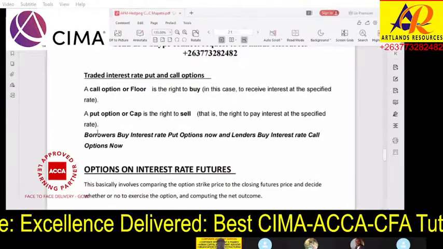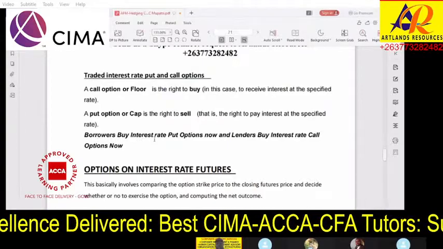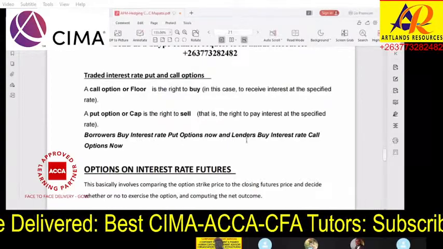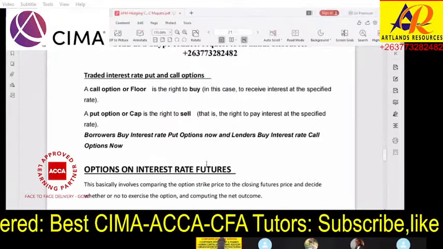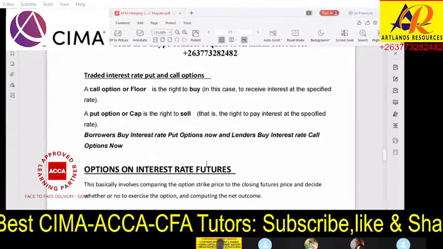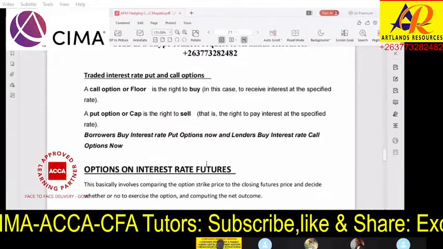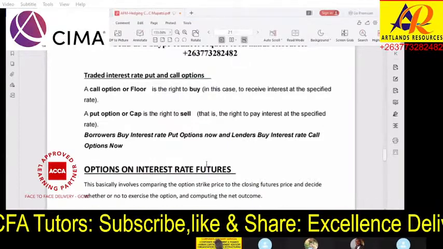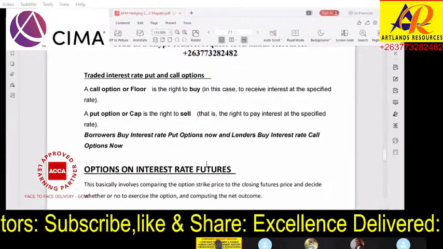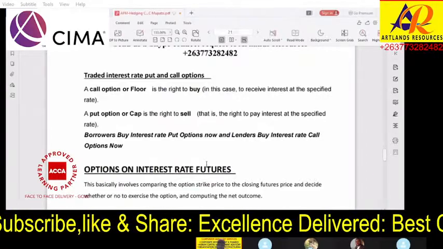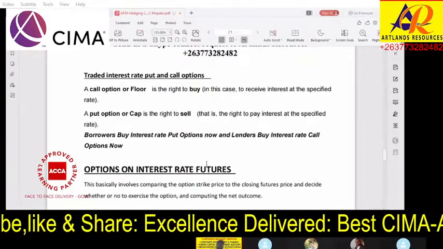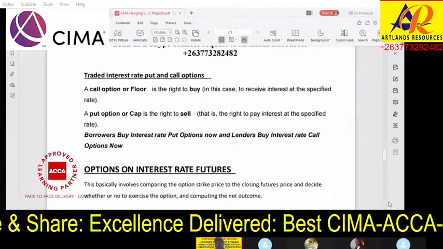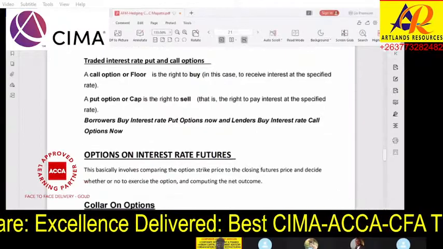So from this you can now say borrowers buy interest rate put options and lenders buy interest rate call options. For what purpose? To secure the right to deal at a specified interest rate. Knowing who buys what is important because it helps you to calculate the premium correctly.